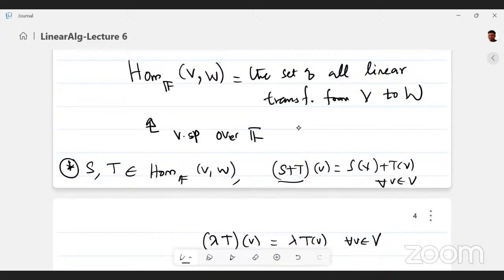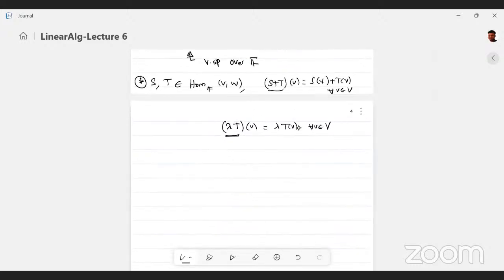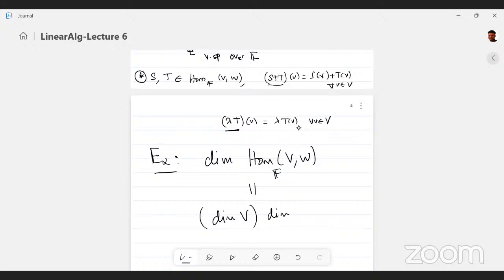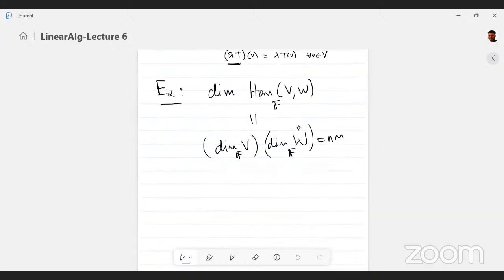Very good. So here is an exercise, a very well-known fact about this Hom space. The dimension of Hom(V, W) is equal to dimension of V times dimension of W, that is, n and m.